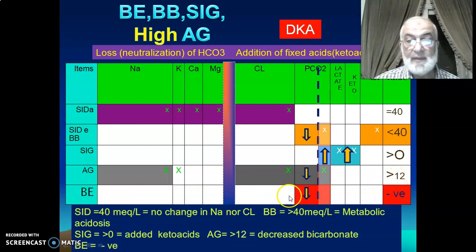As for the base excess or base deficit, this is a base deficit, as there is loss of bicarbonate. So DKA will be characterized by normal strong ion difference, but high anion gap metabolic acidosis with the presence of added keto acids and base deficit.